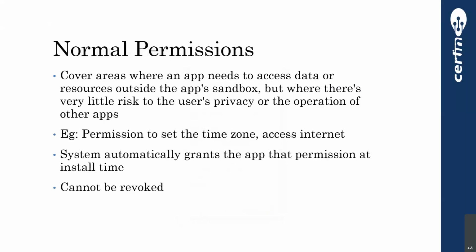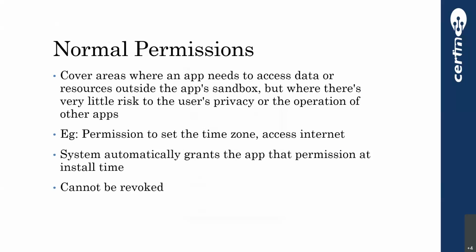So these are the different types of permissions. The first type is normal permissions. These are all the permissions which do not need access to your personal data. Personal data could be your contacts, your call logs, your location history, all your messages, and even your file systems.